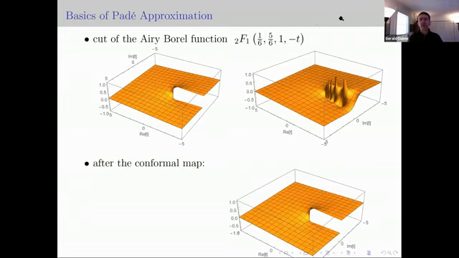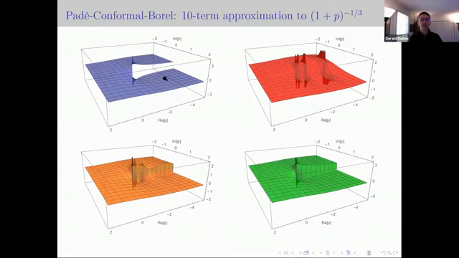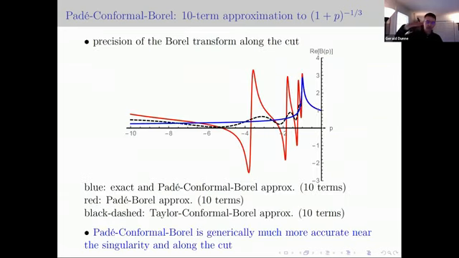So here's another example of a simple branch cut function where Pade gives you this line of poles. This is if you do the conformal map, but don't do Pade. So the conformal map already gains you something, some higher precision, but doing Pade after the conformal map really gives you dramatically improved precision. We can plot this function along the cut, just shifting by i epsilon above the cut.